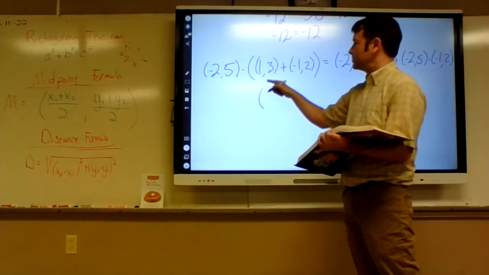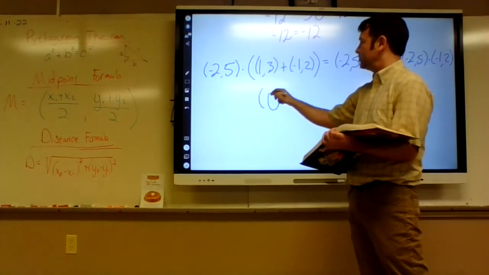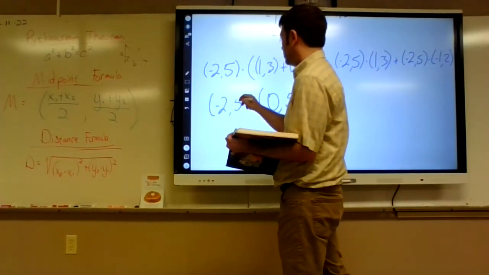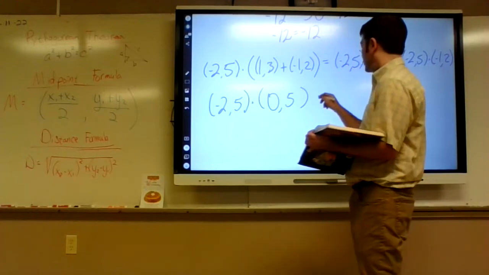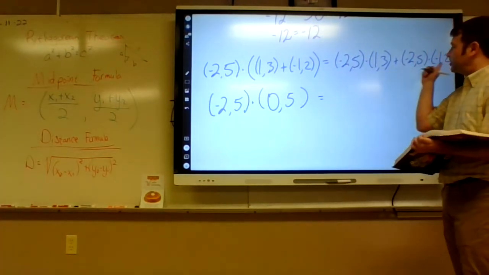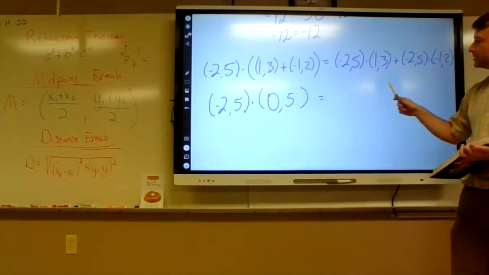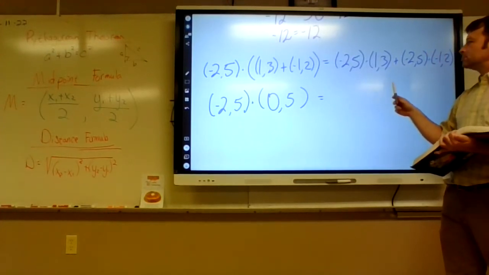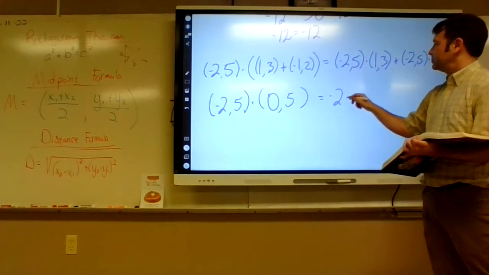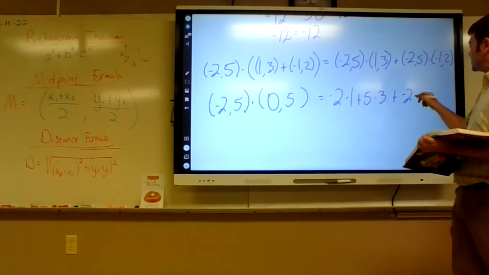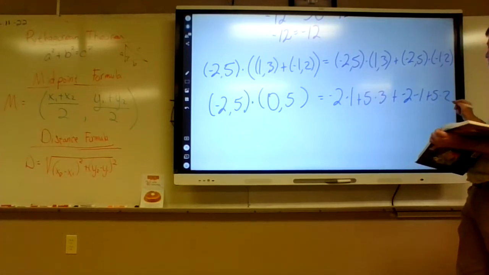So if I add those together, 1 plus -1 is 0, 3 plus 2 is 5. And then you dot product that. And then over here, you dot product both of them. I'll write it out: -2 times 1 plus 5 times 3 plus -2 times -1 plus 5 times 2.